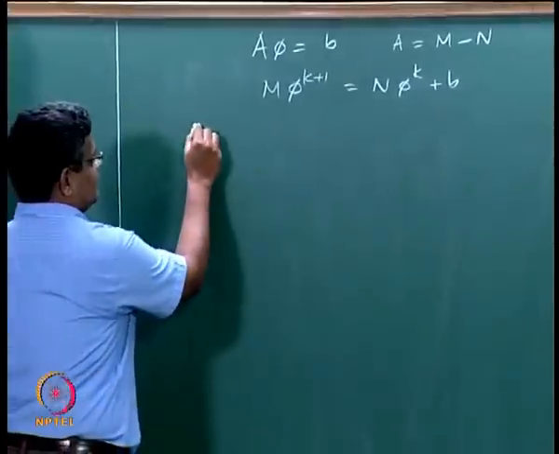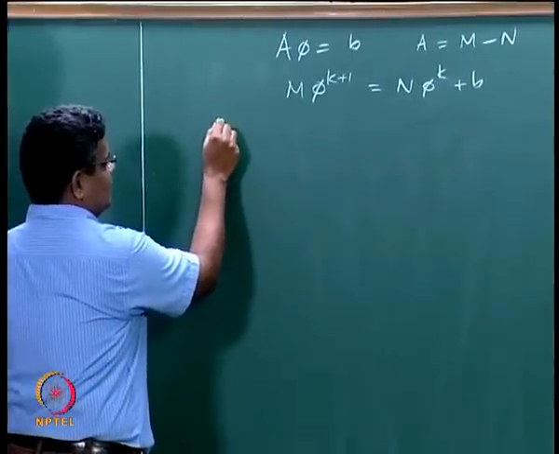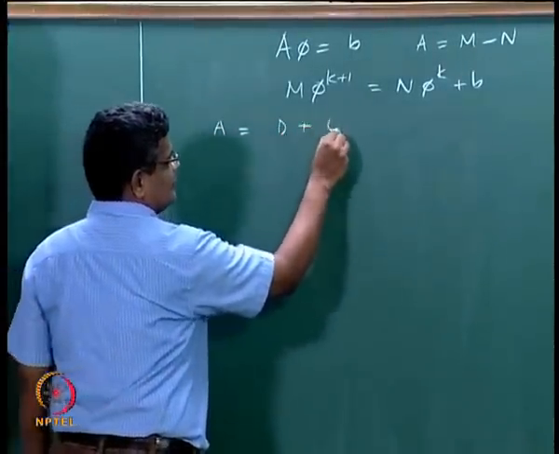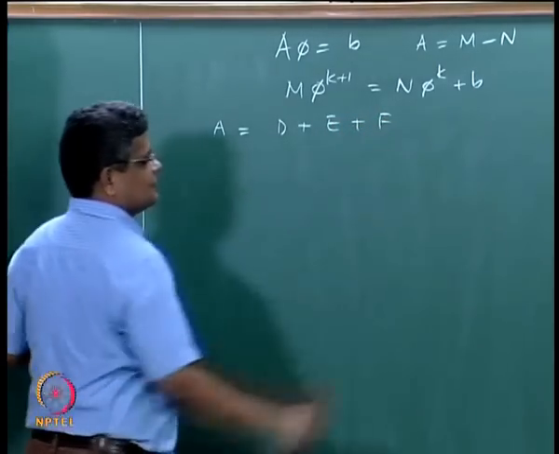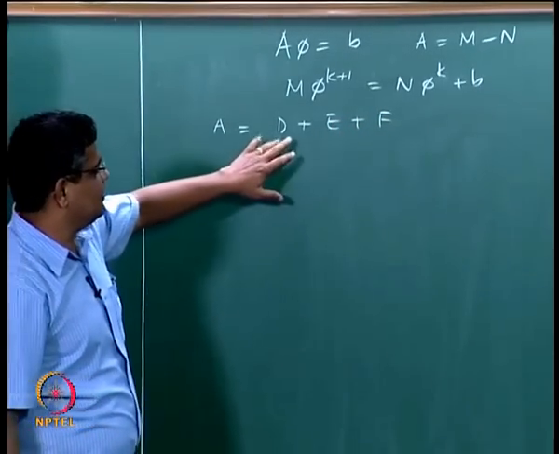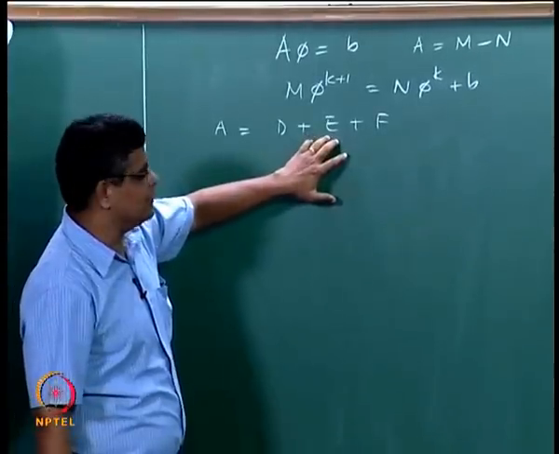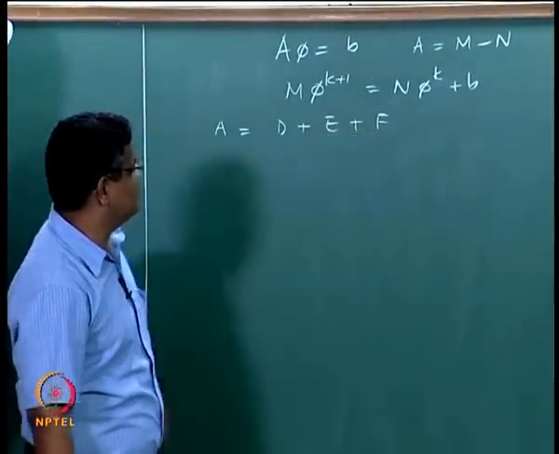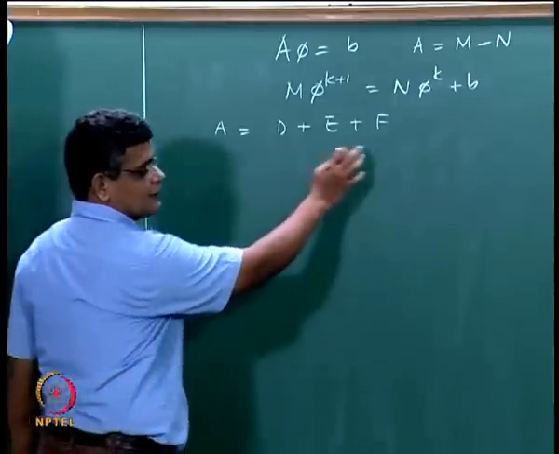In the SOR method, A is the general decomposition of the diagonal elements, the lower triangular elements except the diagonal, and the upper triangular elements except the diagonal elements. This is the standard decomposition.